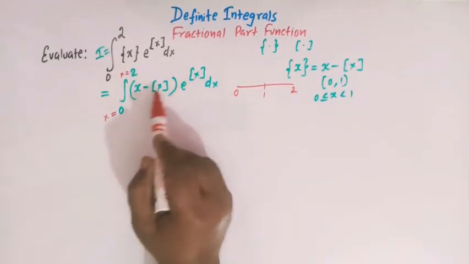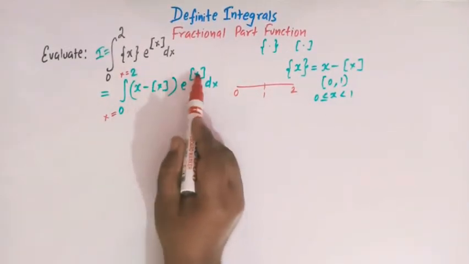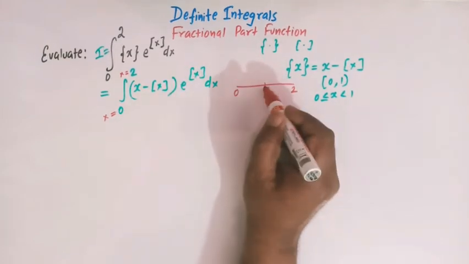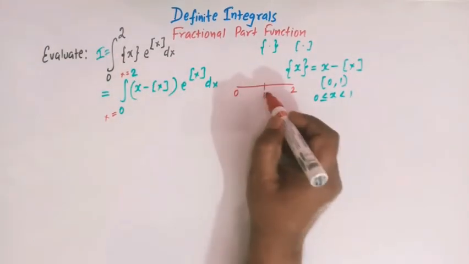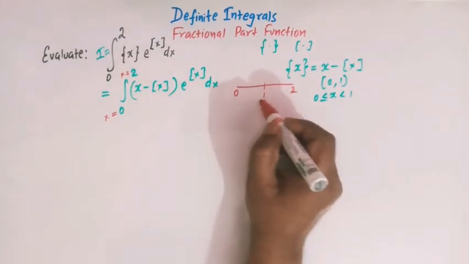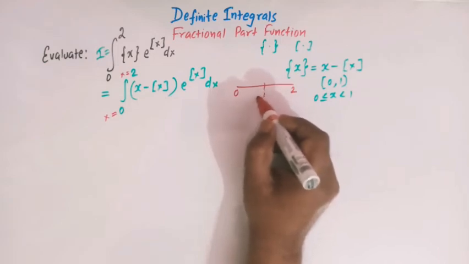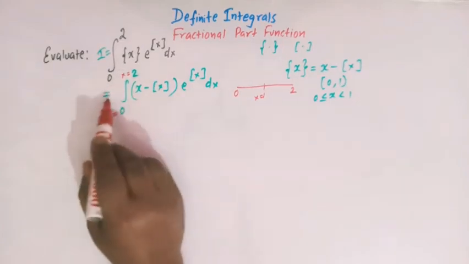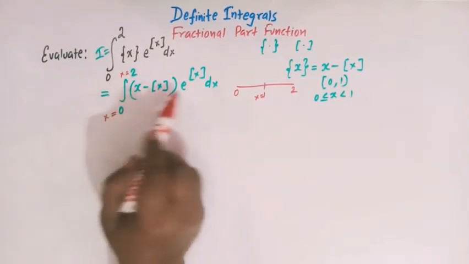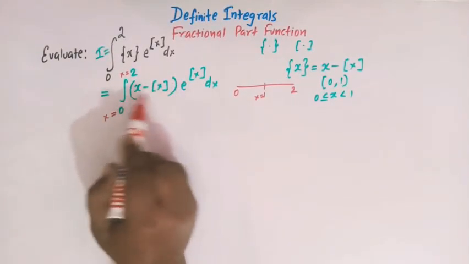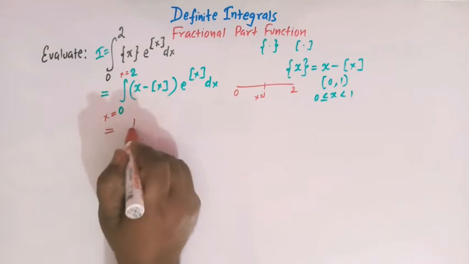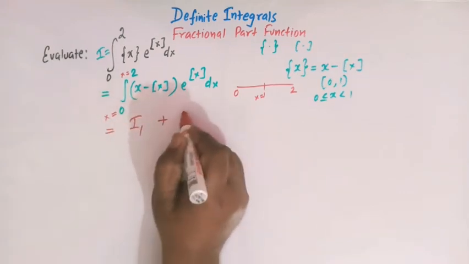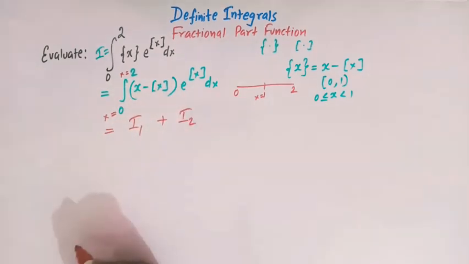Since we have the greatest integer function here, we have to break the limits at this integer point. So x equals 1 is the breaking point where we have to split this integral as a sum of two integrals, I1 and I2.